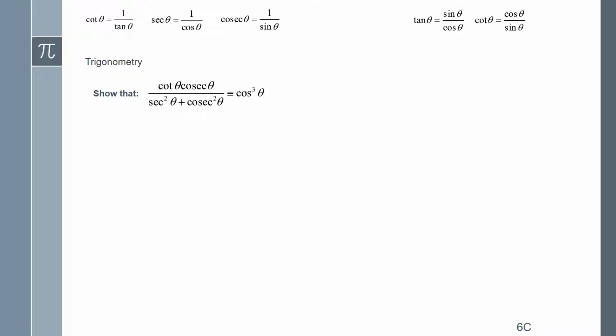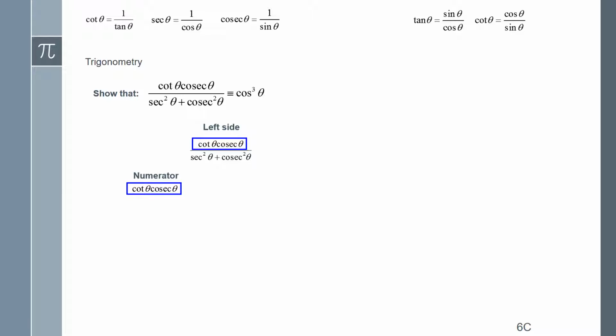So show that cot theta cosec theta over sec squared theta plus cosec squared theta is the same as cos cubed theta. Don't worry about the cos cubed, that will pop out at the end, hopefully, if we do it right. The numerator is cot theta cosec theta.